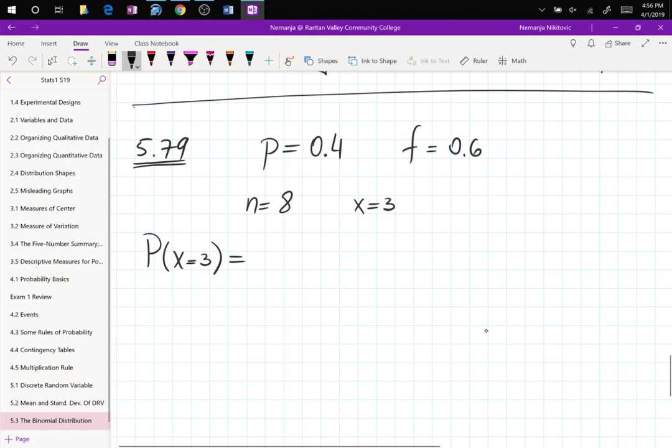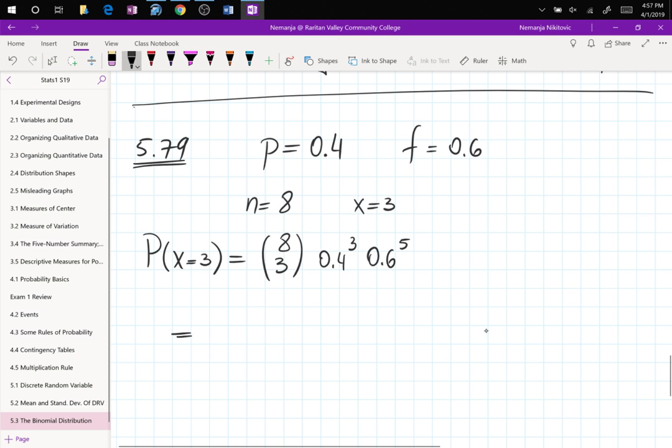So 3 and 8, right? So we have 8 choose 3. Then we have our 0.4 to the 3, and then 0.6 to the 5. That 5 is 8 minus 3.